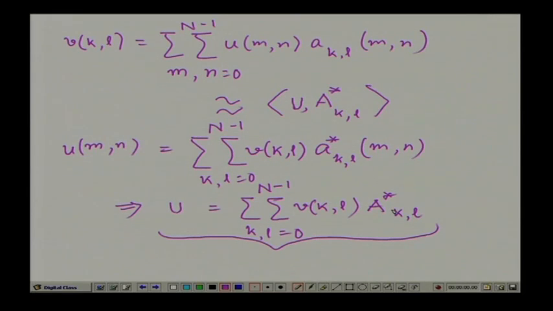So, this derivation simply says that the purpose of image transformation is to represent an input image as a linear combination of a set of basis images. To see how these basis images look, let us see some of the images.